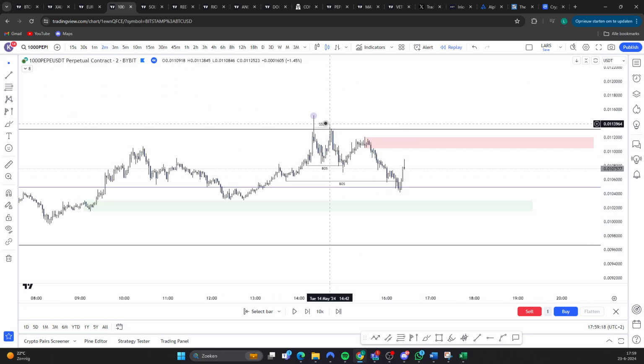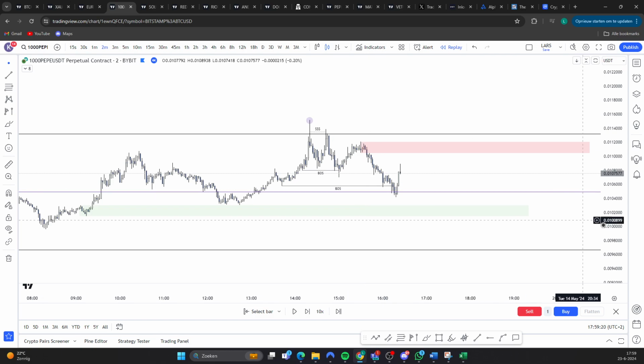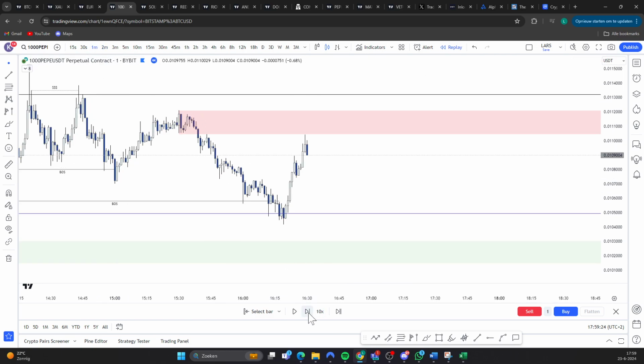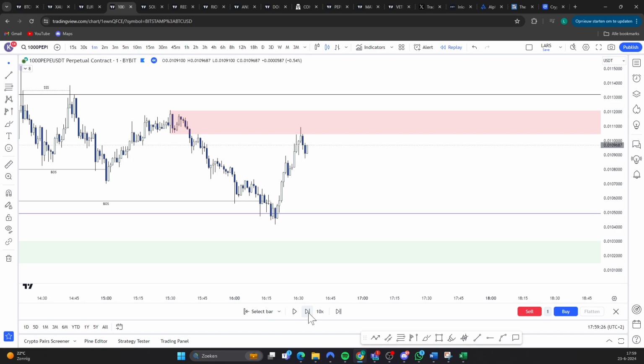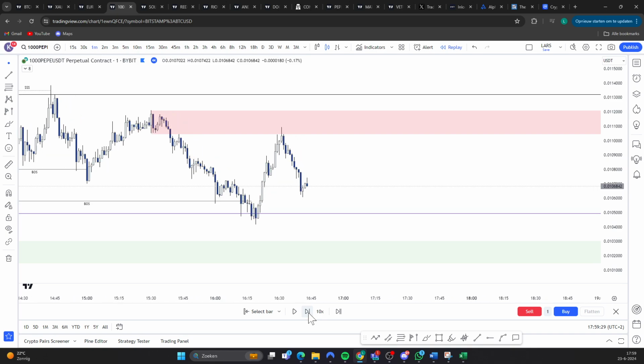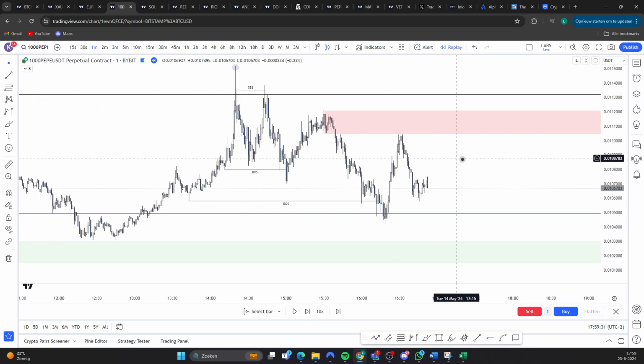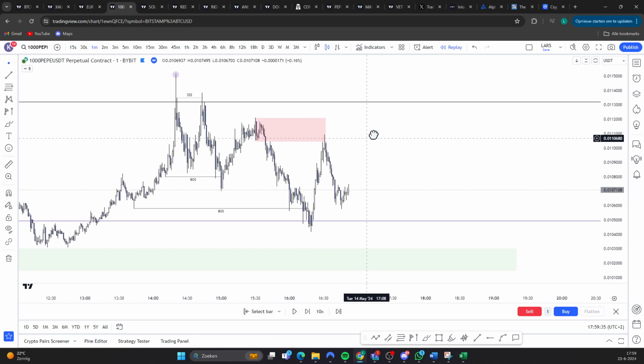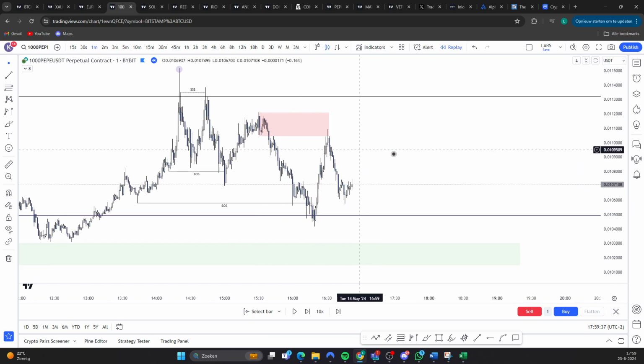The only thing I dislike is these two highs already taken place. But let's see. You got the rejection, but again, no structure.